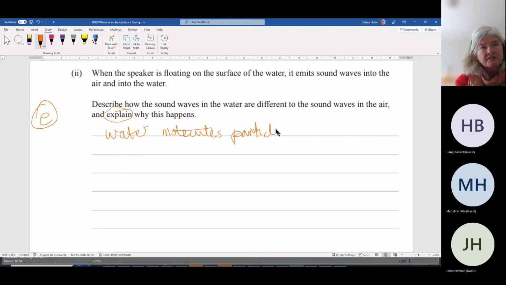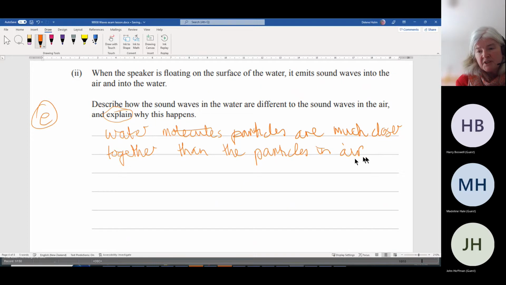Water particles are much closer together than the particles in air. Most people make that statement and then they leave it there. You need to add more detail. So what does this mean?